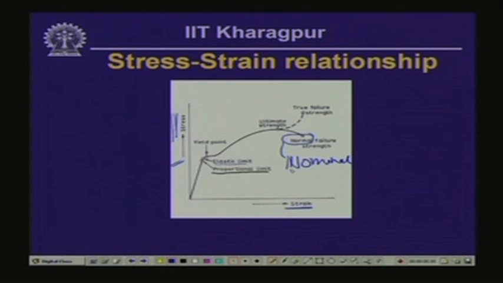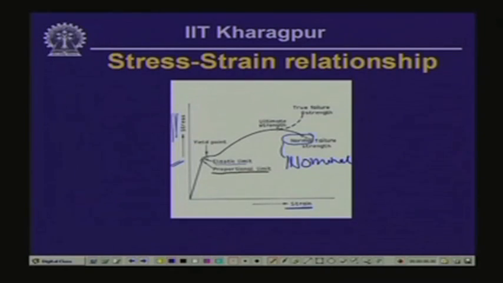Now, here if you note, we compute the stresses with reference to the original cross section of the bar. As you can visualize, when we are pulling this bar, when we are applying a tensile pull, as it deforms, the cross sectional area of the bar will reduce. Now, the stress, as we know, is load divided by the cross sectional area.